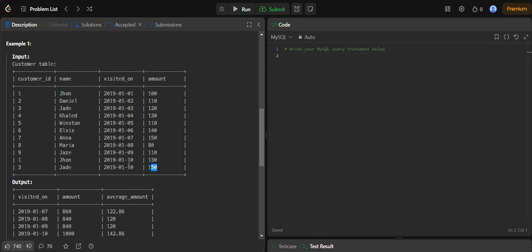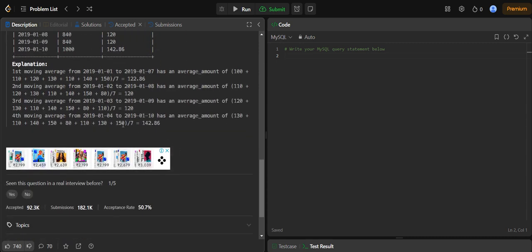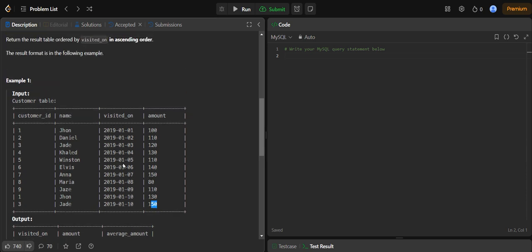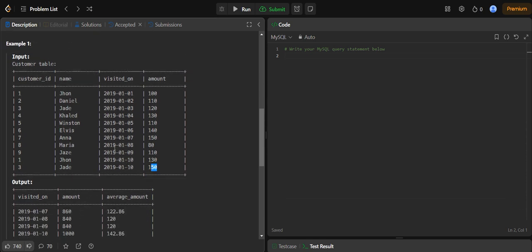So on this day I have to consider the total amount spent by the customers. In the table they are separate entries, but I have to calculate all of them together. In average terms, this does not make sense because there are eight values and I'm dividing by seven. But from the question, it is clear that when I am finding the moving average of 7 days, on a particular day, if there are 100 entries, I have to add all of them for that day.